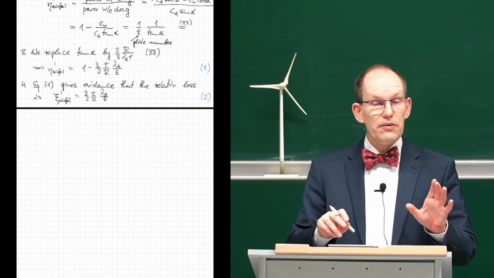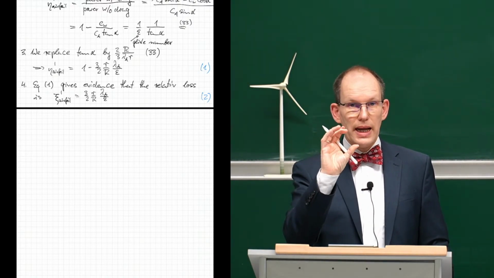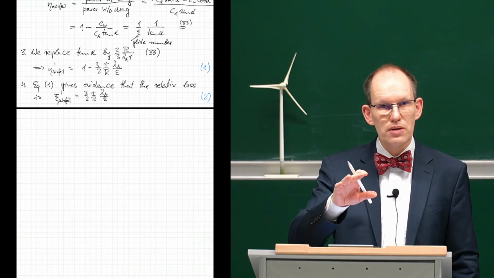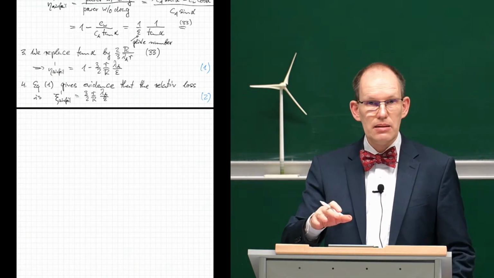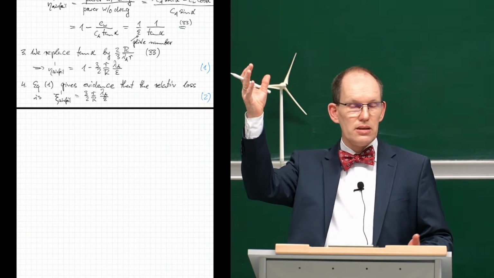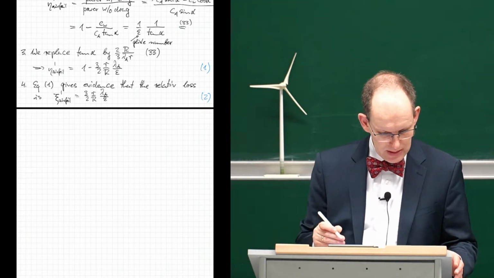So now we have the relative losses for a plate element. Everything that we did so far was for a plate element. And now we have to integrate over the radius in order to find the entire losses.